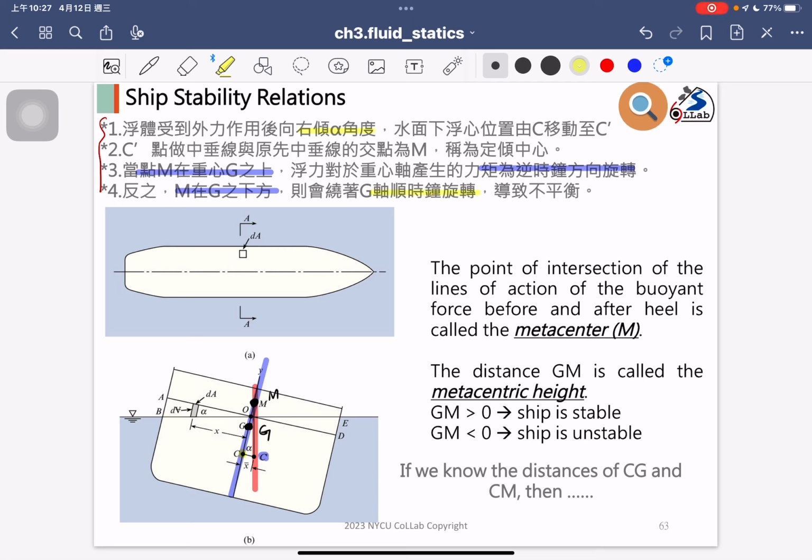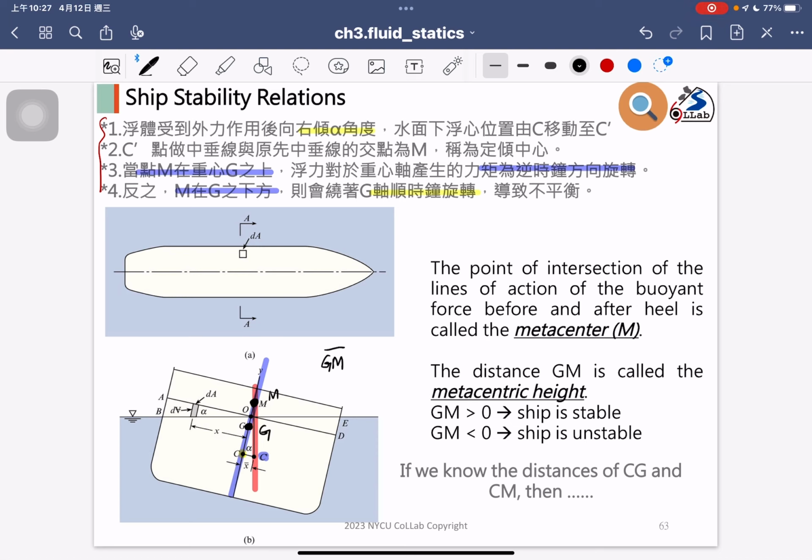If the ship continues to rotate clockwise, that means the ship will collapse, right? So the important idea is the GM distance. We should compute the GM distance.